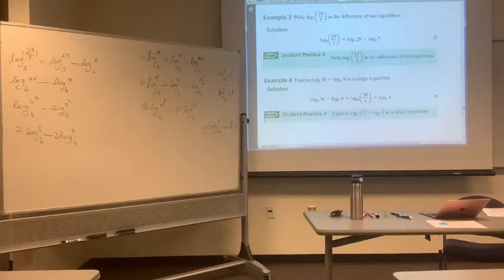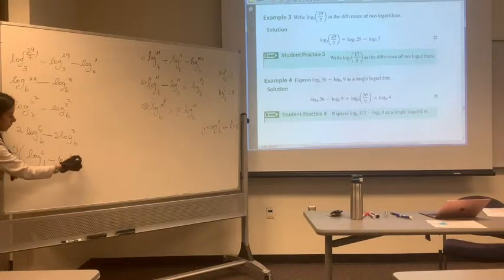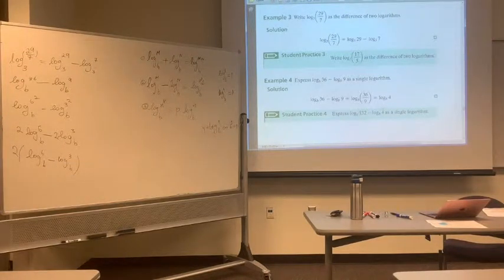Now factor out the 2 because it is common between the two of them, right? So bring out 2, we will have log 6b minus log 3b. Do you get this?